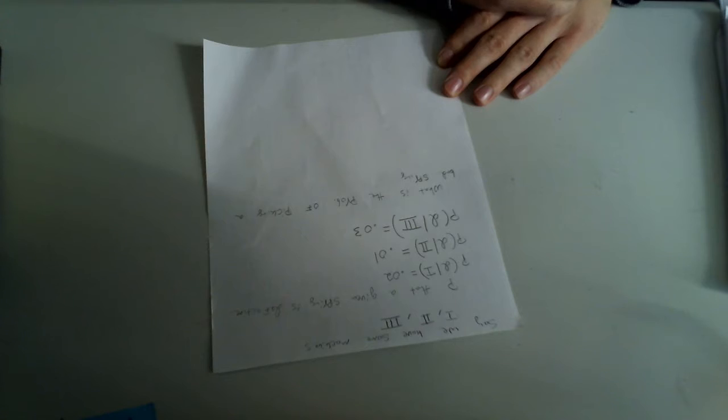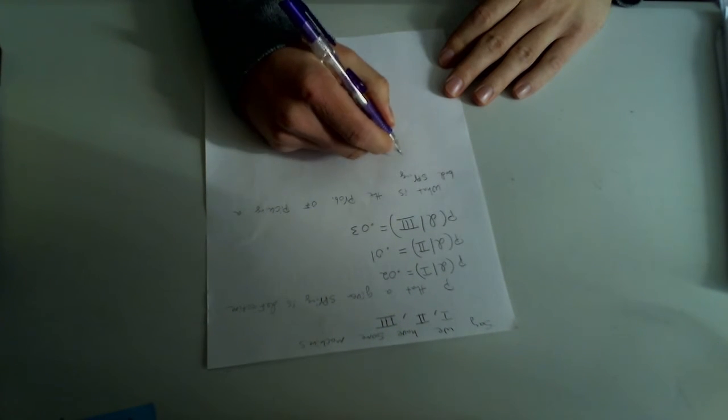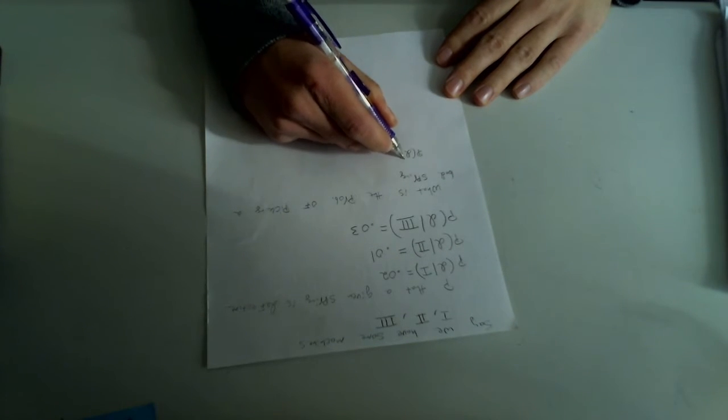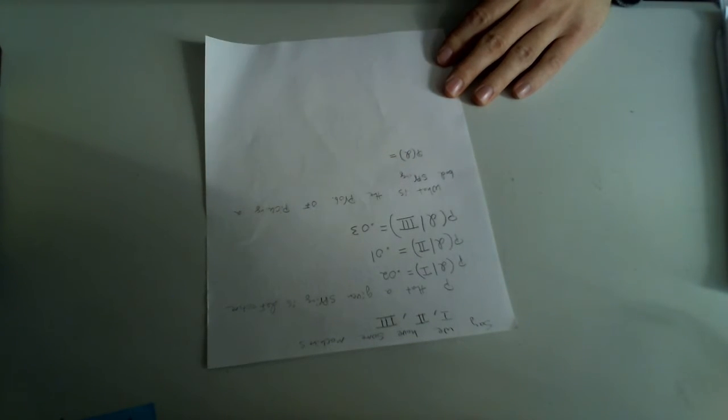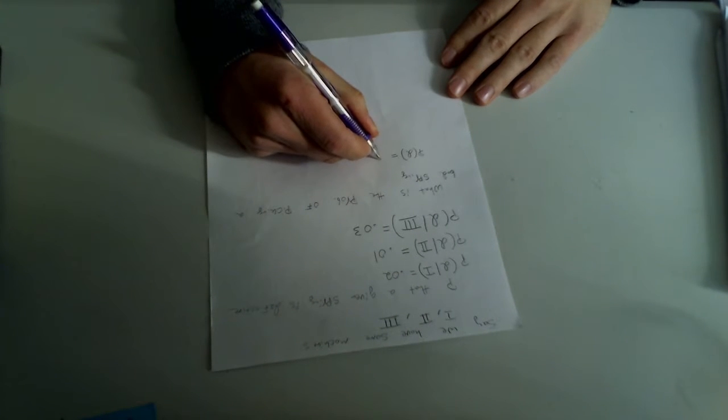Okay, so let's start there. Well, the probability that we get a defective spring must be the sum of all the different ways that we could get a defective spring.